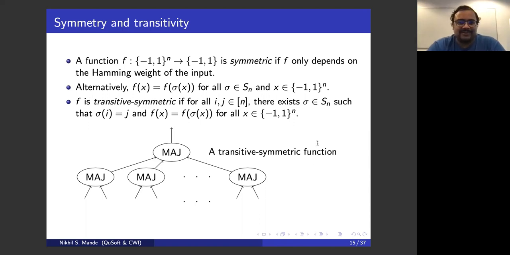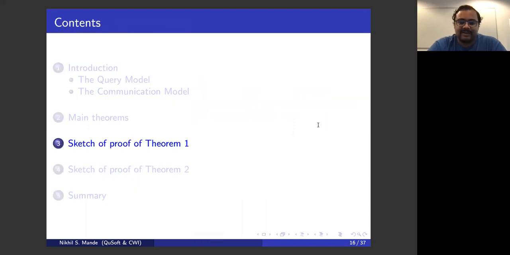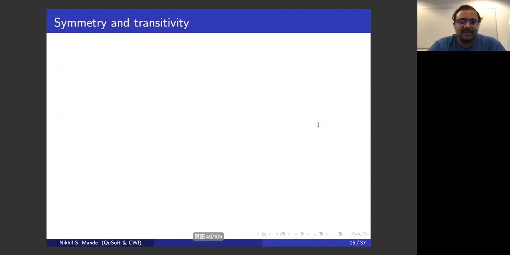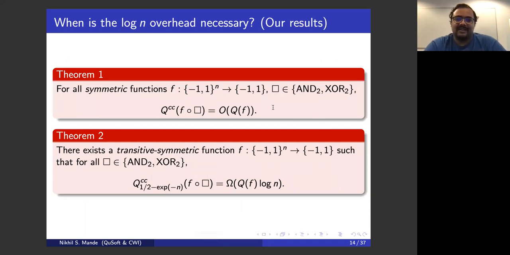All right. So if there are no more questions, I'll carry on. Great. So let's go back to the main theorems. The first theorem I'll prove to you, or provide a sketch of the proof, is theorem 1 here.